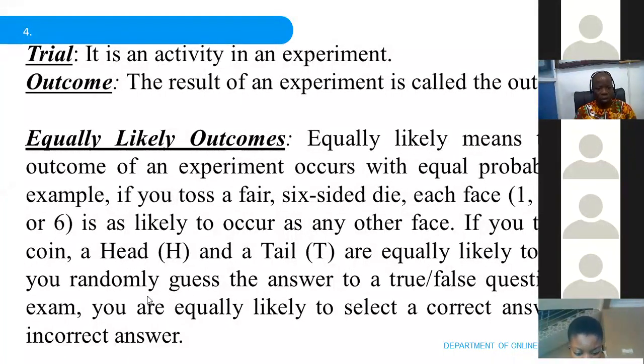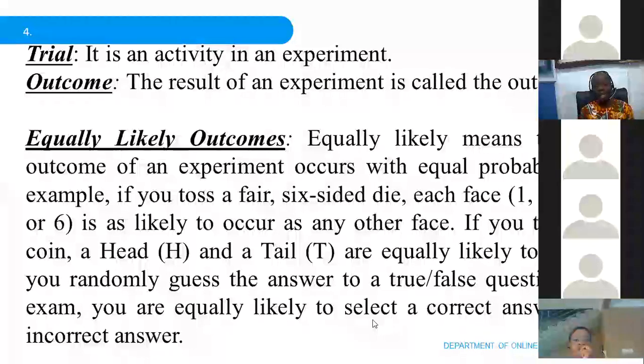If you randomly guess the answer to a true or false question on an exam, you are equally likely to select a correct answer or an incorrect answer. When they give true or false questions in an examination, some people don't know the answer, or they solved the question and couldn't get the answer, so they look through the options: which one should I take? You are doing probability.